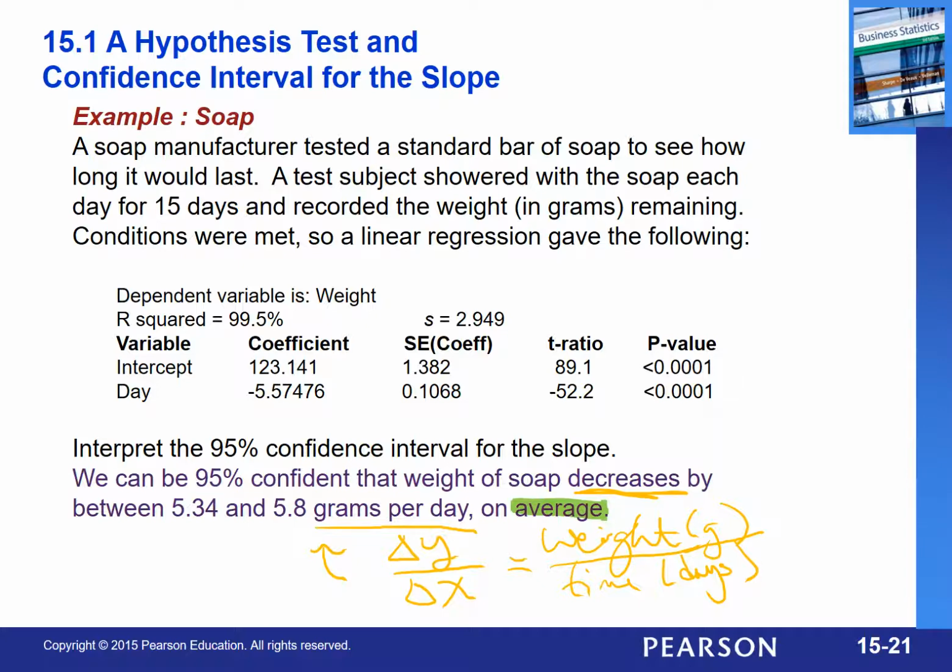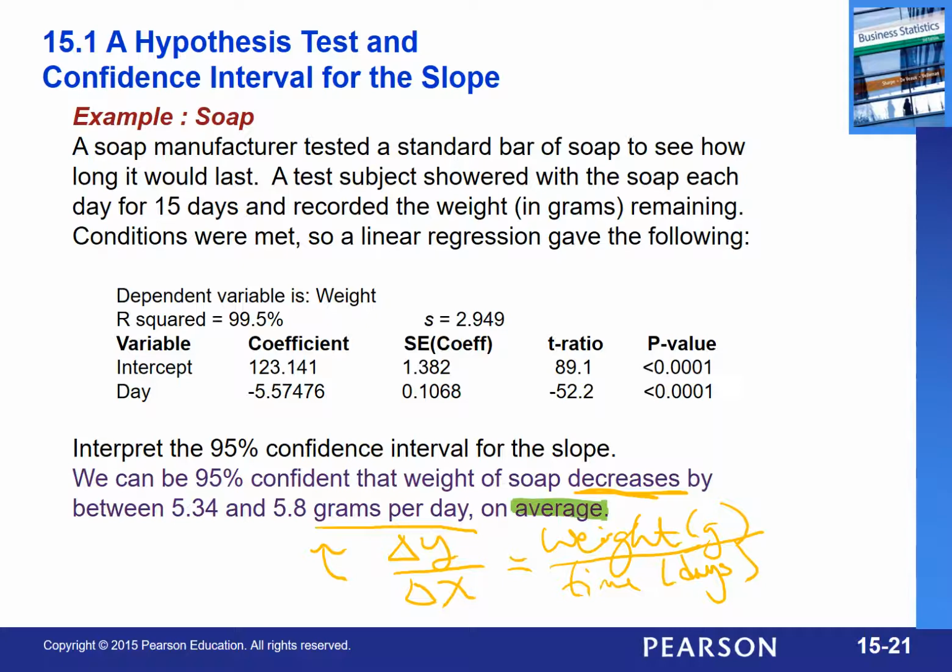Well, it's decreasing because these were always negative, and then we talk about what it changes by. So it's grams per day because we're looking at change in Y over change in X, and our Y variable was the weight of the soap, which is why it's in grams, and over time, which was in days.